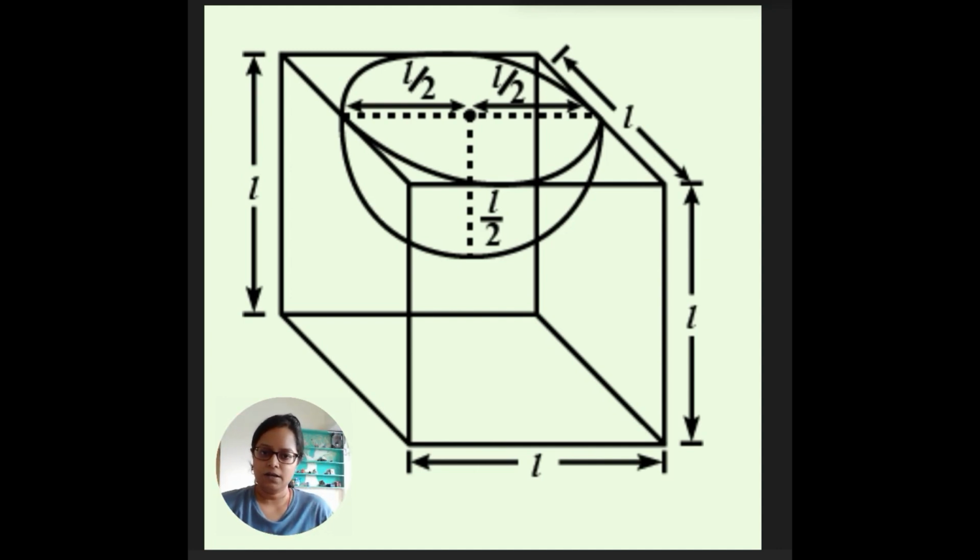So then it will be, as I said, 6L square plus 2 pi r square, which is 2 pi L by 2 the whole square. And we have to subtract pi L by 2 the whole square because this portion is not there. The sides are there, that's why we have to consider 6L square.